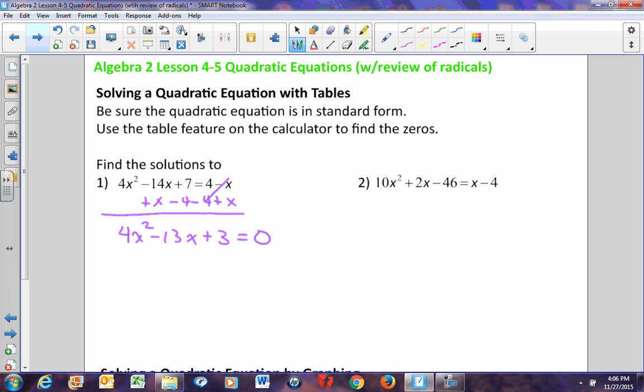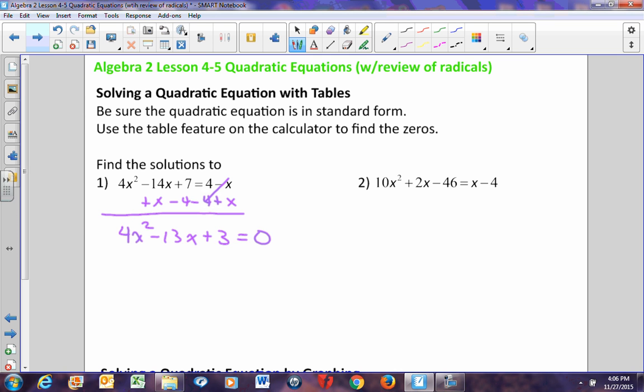Now that it's in standard form, I can plug it into both of my calculators, and I'm going to put it into both of them because you essentially do the same thing. So I'm going to enter it into my calculators.